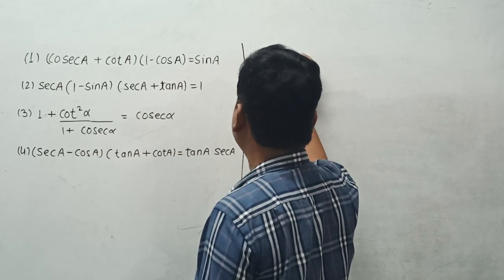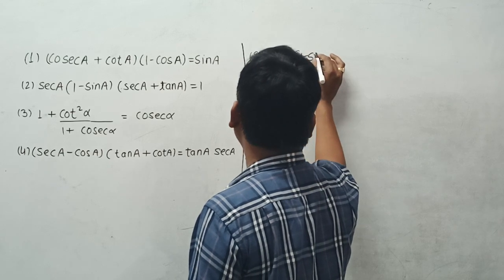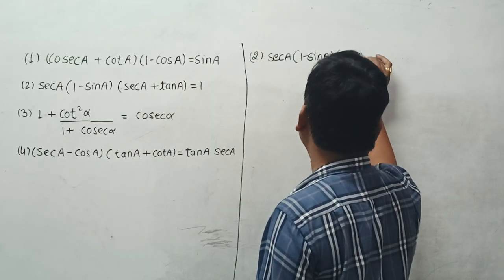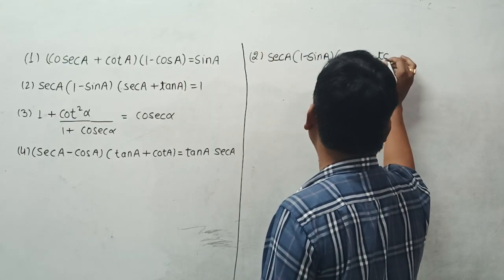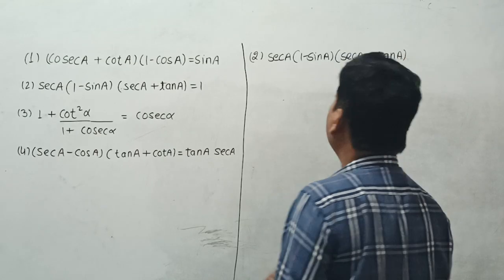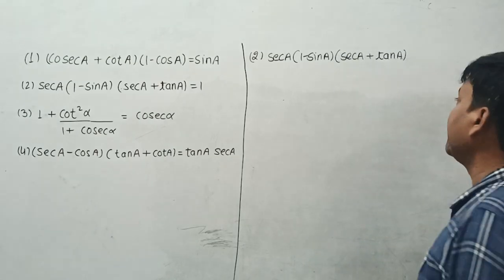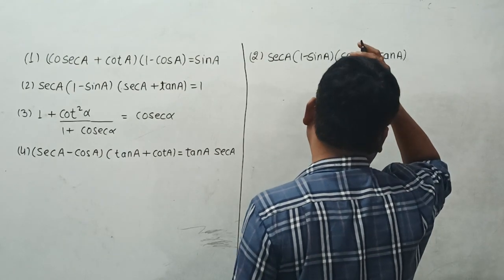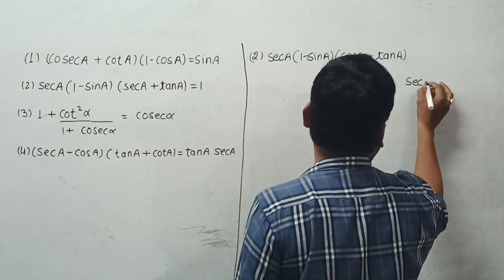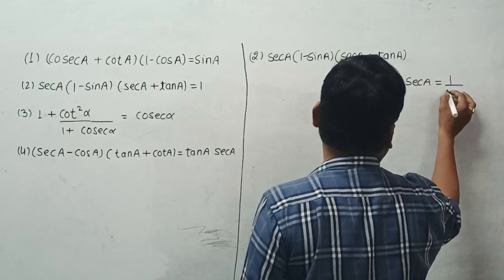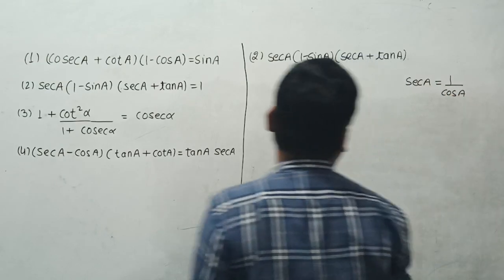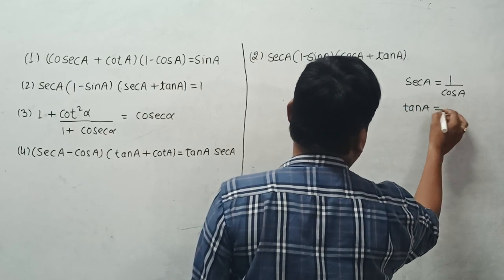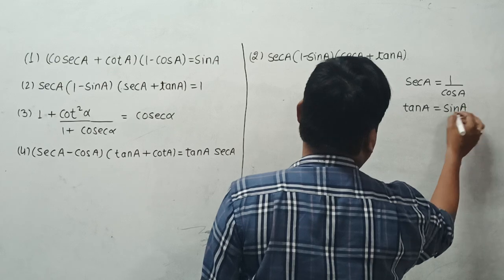Sec a 1 minus sin a, sec a plus tan a। ओके, हम लोग जानते हैं since we know that sec a is equal to 1 upon cos a and tan a is equal to sin a upon cos a.